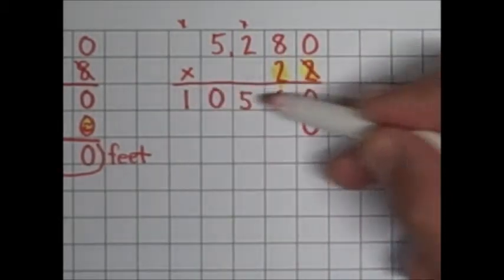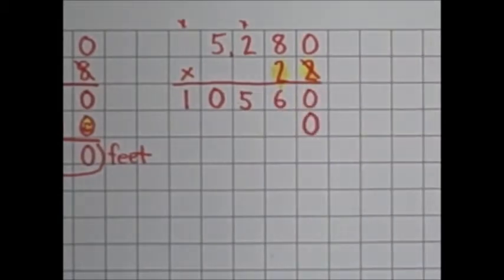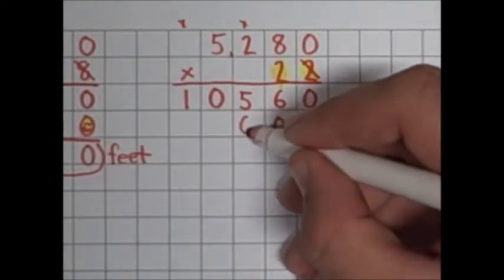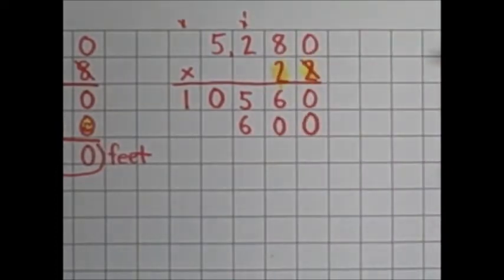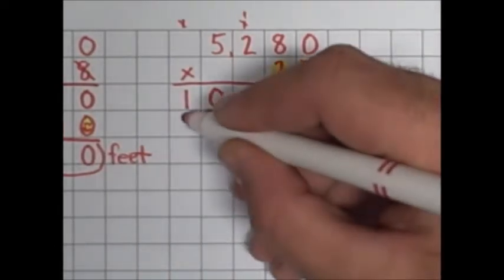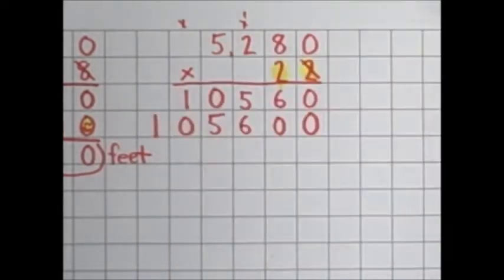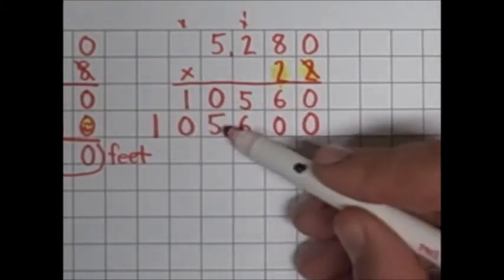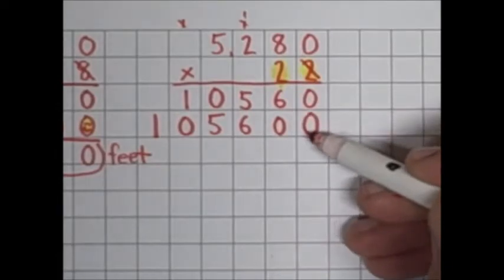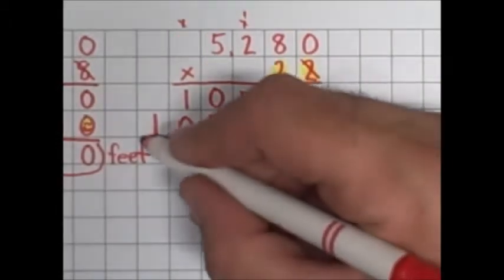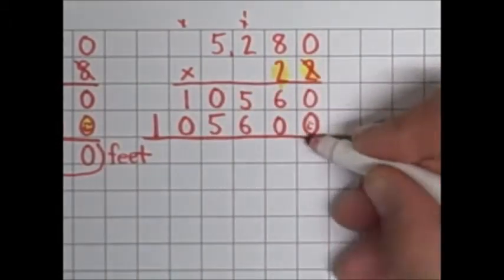So we could kind of use our first partial product to help us along with this, because the multiplication's exactly the same. 2 times 0, 2 times 8, 2 times 2 plus 1, 2 times 5. So you could see 10,560, 10,560 with another 0. That's our smiley face 0. Okay. Because all multiples of 10 will have a 0 in the ones place.